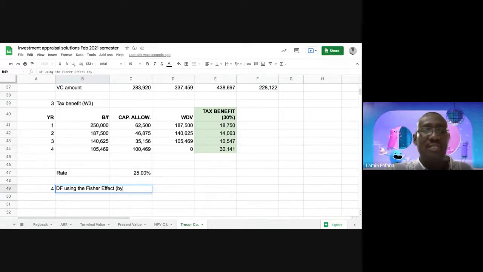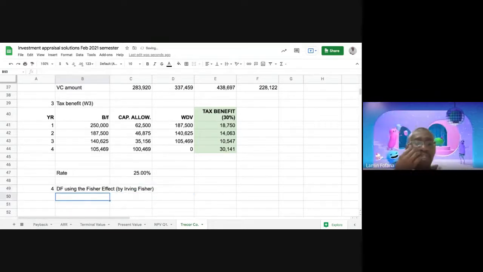Of course, all these mathematicians are usually scientists. It's by a guy called Irving Fisher.